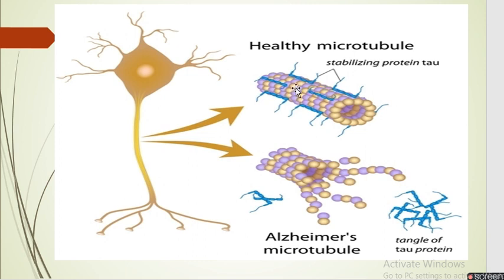Because the microtubule is the way through which, for example, any neurotransmitter formed inside the cell body travels through the axon and then transfers to the next neuron. So how do they transfer? The microtubule is the way through which the neurotransmitter passes to its destination point.